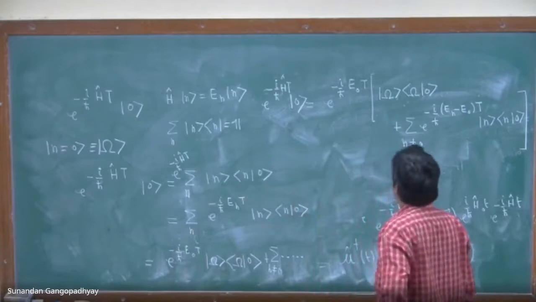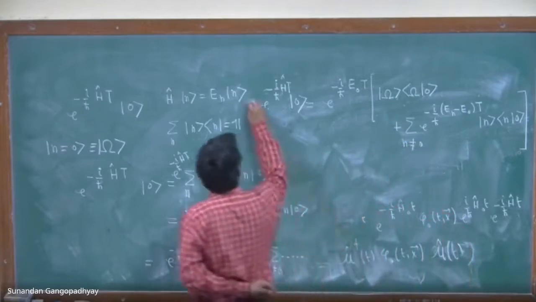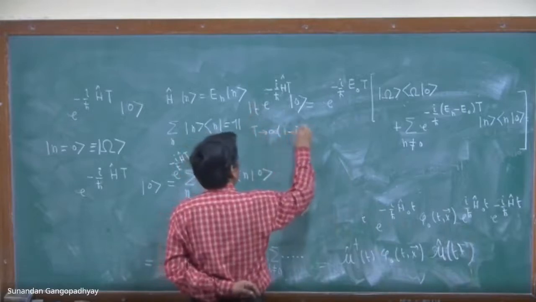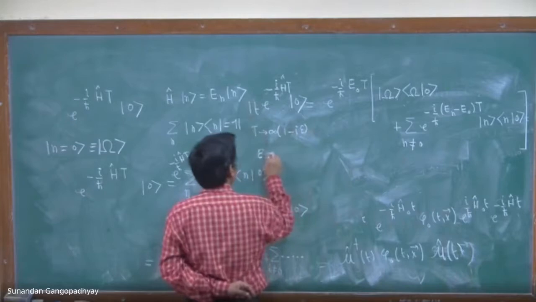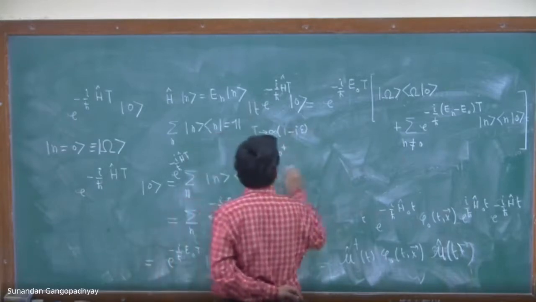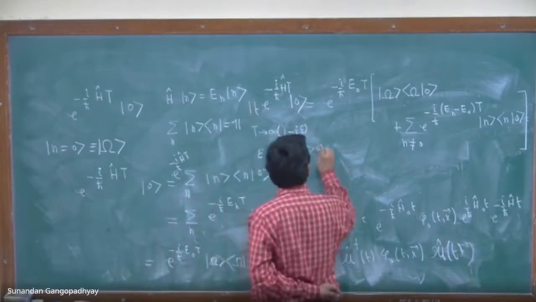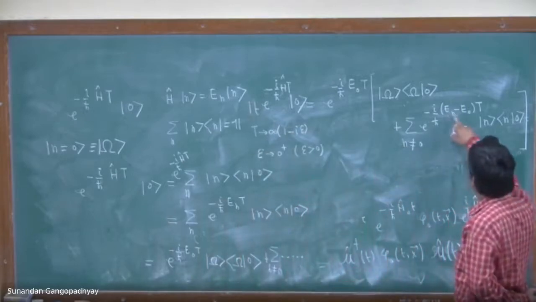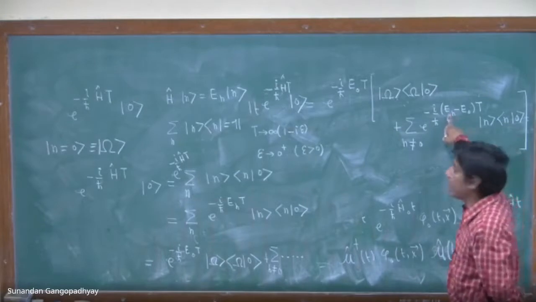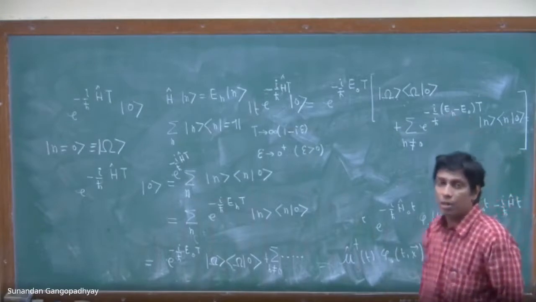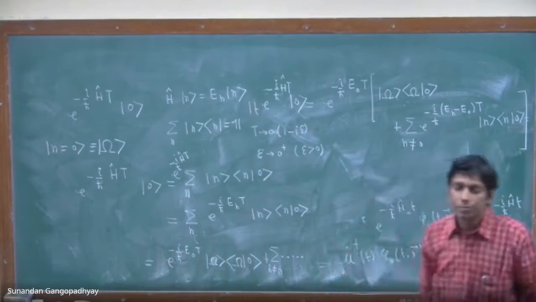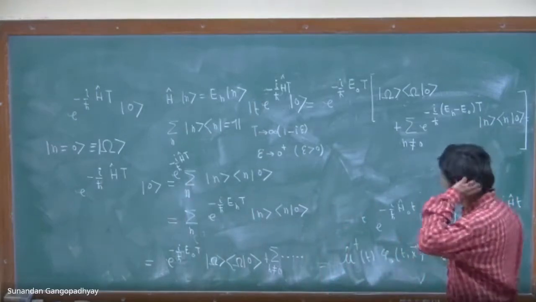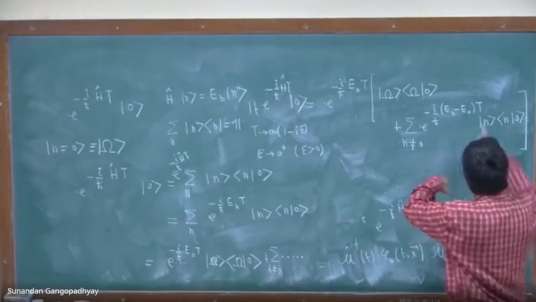So now what we do is we take a limit t going to infinity into 1 minus i epsilon, where epsilon approaches 0 from the positive side. So this basically means that epsilon is a small positive number. See, En, these are energies of the excited states, therefore En minus E0 is positive when n is greater than 0. So this quantity is always positive, and now you take this limit t going to infinity into 1 minus i epsilon.